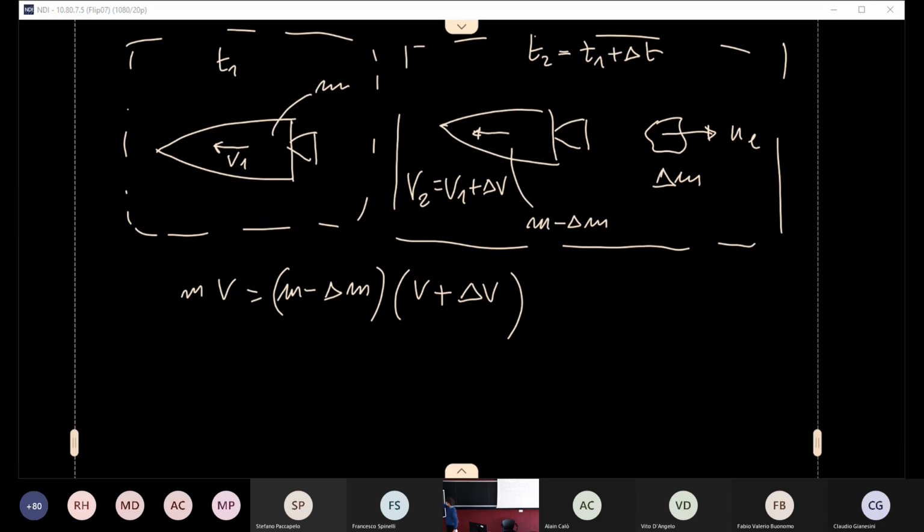The velocity ue is with respect to the rocket, so the absolute momentum of this mass will use v minus ue, which is in the opposite direction. Making it a one-dimensional problem, I have to consider here plus delta m times v minus ue.